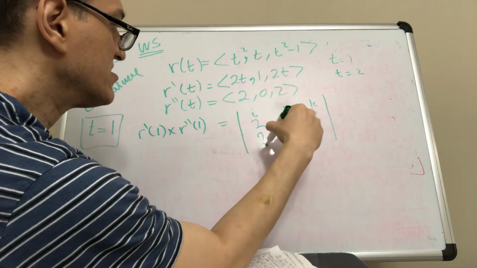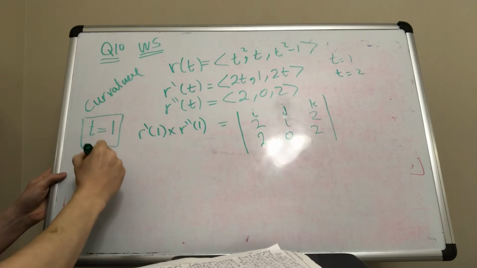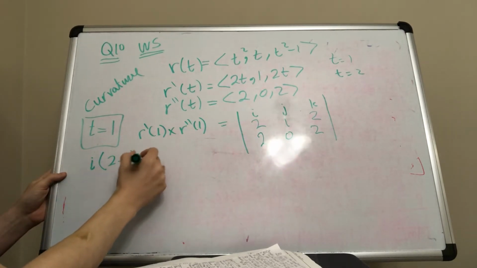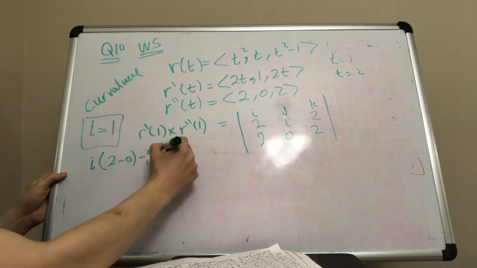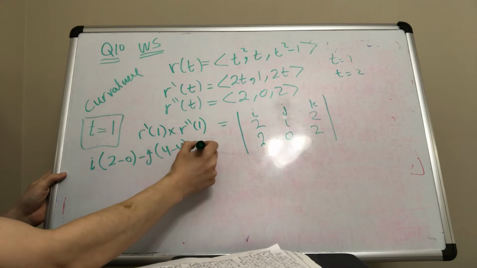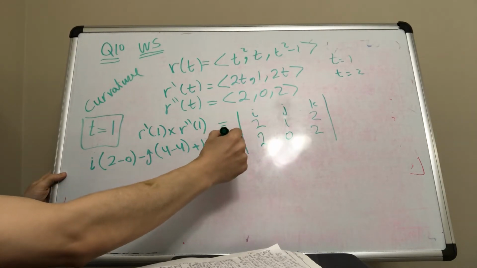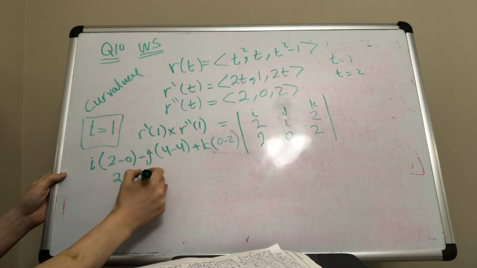This at 1, it would be itself. So you go i, 2 minus 0, minus j, 4 minus 4, and k, 0 minus 2. It would be 2i minus 2k.